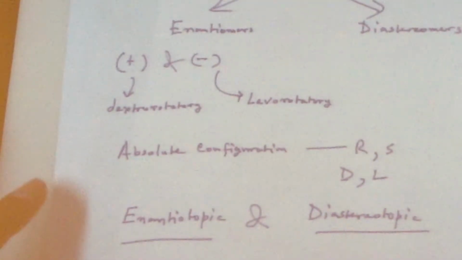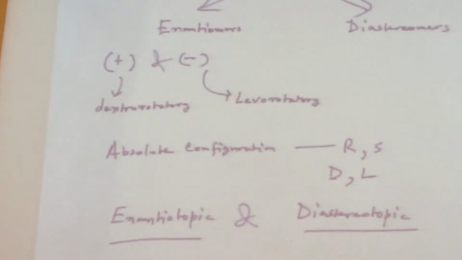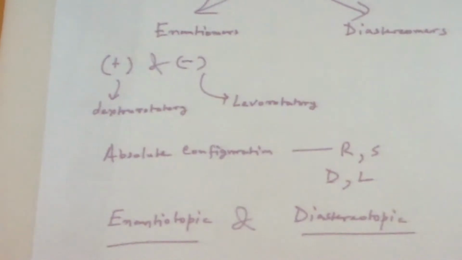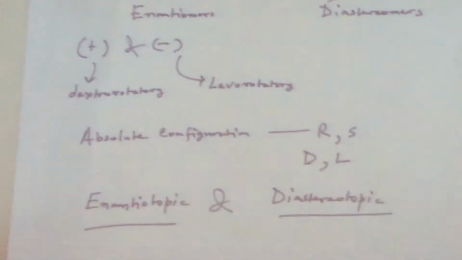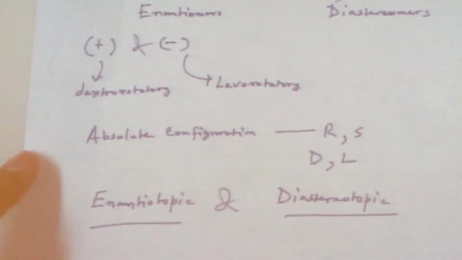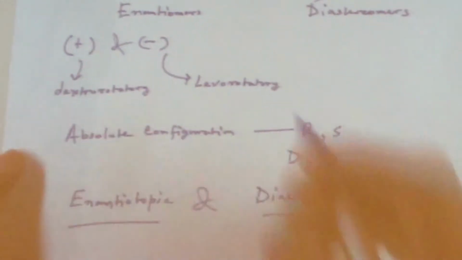Nevertheless, by doing that, we get a mixture. We get a racemic mixture, and that is also related to chirality in the sense that if you have equal amounts of the dextrorotatory and levorotatory compound, the same compound in two different stereoisomers, that will give you a zero net rotation.